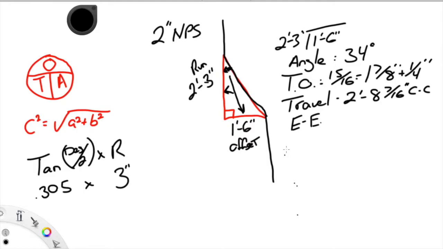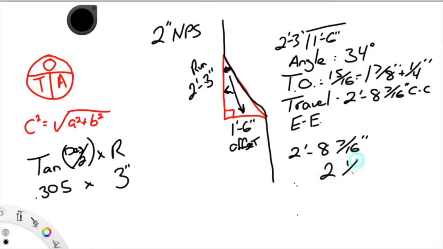We have all the information we need for that. Okay, we take our center to center measurement, 2 foot 8 7/16, and we're going to subtract our 1 7/8 plus a 1/4 inch. So that's 2 1/8.